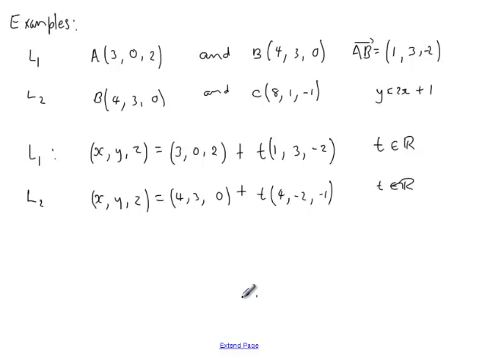The scalar product is equal to 0. So now we've got two vectors. There are two vectors: 1, 3, minus 2 dot 4 minus 2 minus 1.